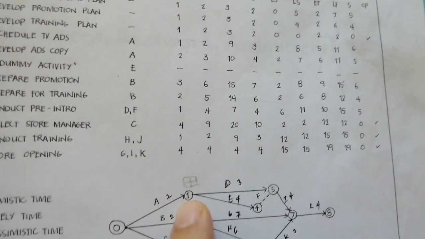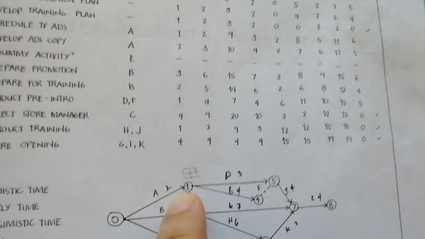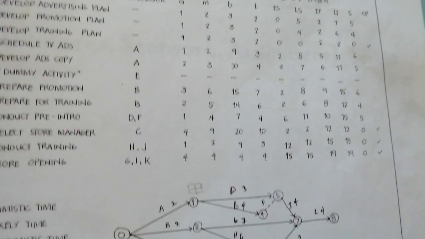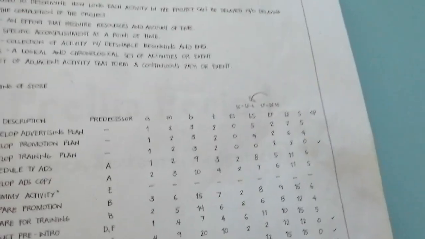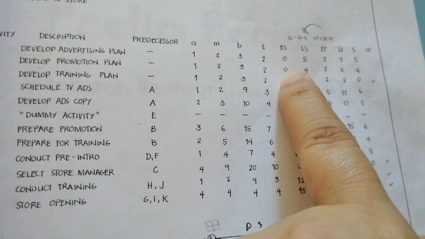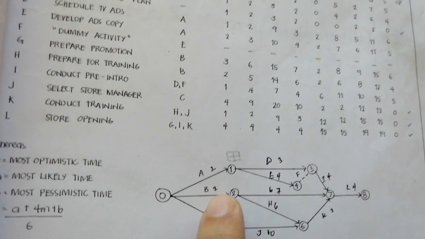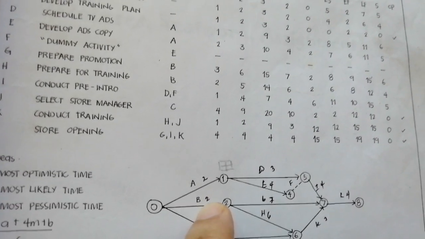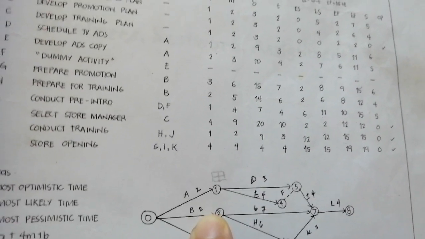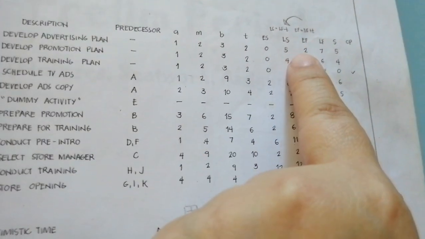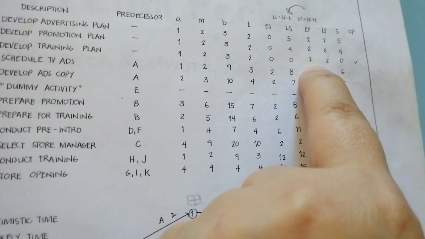Pero sa EF ng A, alam natin yung time is 2. So, we add 2. So, 0 plus 2, ang EF ng A will be equal to 2. The same thing with B, ang ES niya, because initially it's 0, and then the time is 2. We add 2. That's why your EF for B is also 2.